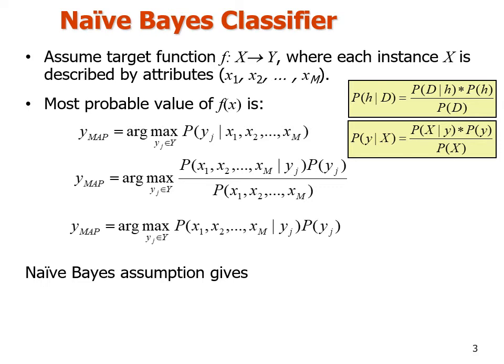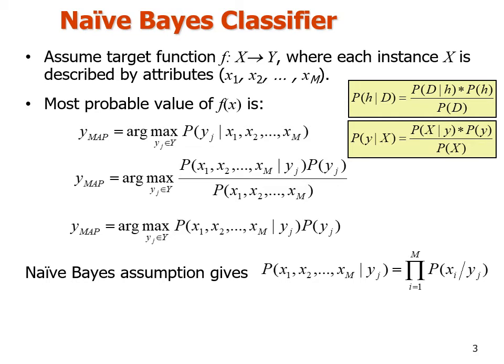Thus, we can have the expression like this: probability of x1, x2 up to xm given yj is equal to the product over i equal to 1 to m, where m is the number of attributes describing our instance, of probability of xi given yj.